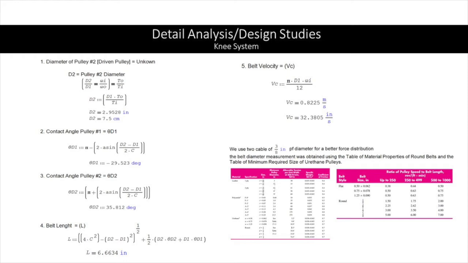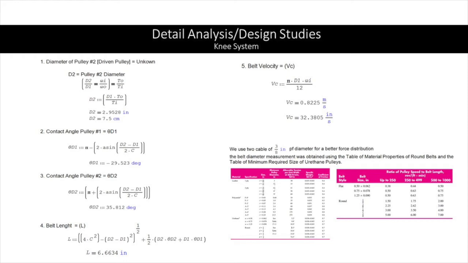After obtaining the diameter of pulley 2, we then try to obtain the contact angle of pulley 1, identified as theta D1, in which we say pi minus 2 arc sin, multiplied by D2 minus D1 divided by 2, multiplied by C, which is the center distance.